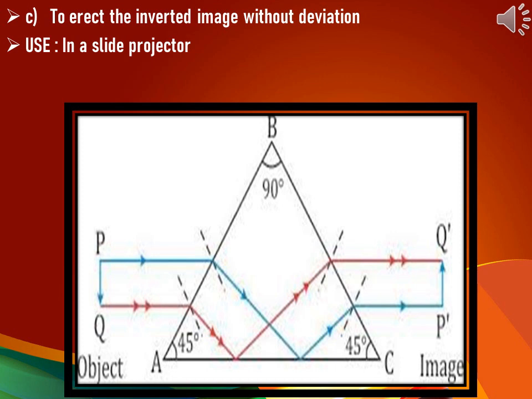As a result of refraction on emergence, the rays are inverted, and for the inverted object PQ, the erect image P'Q' is obtained. A prism, when used in this manner, is called the erecting prism. This action of prism is used in a slide.